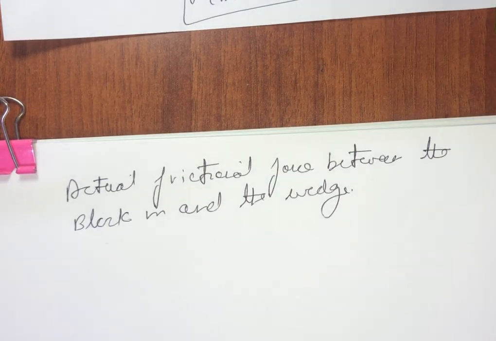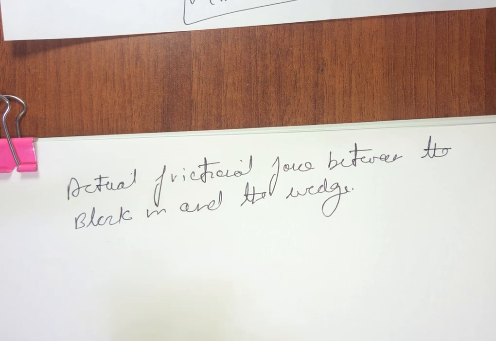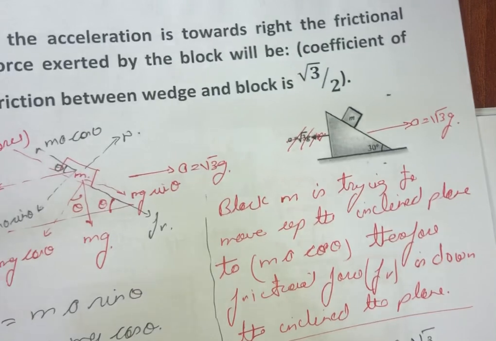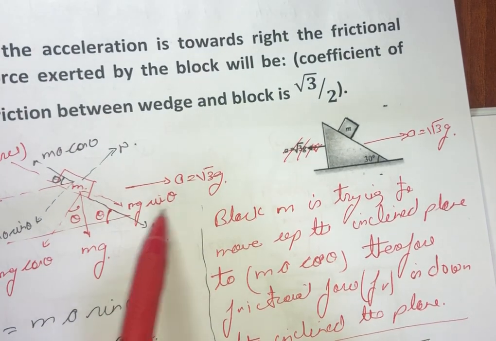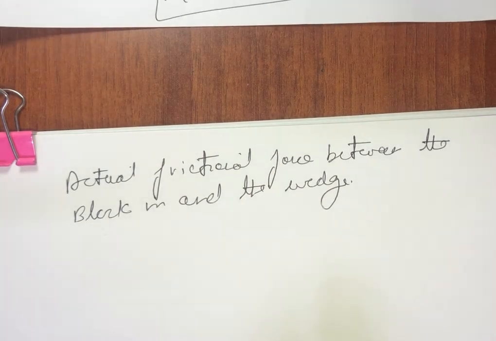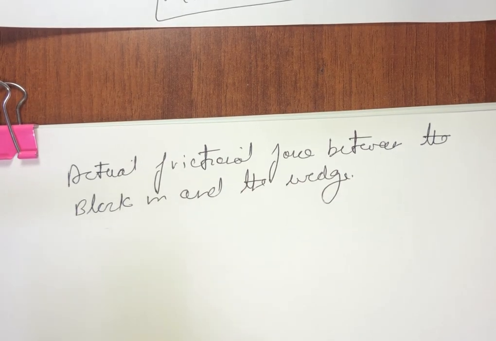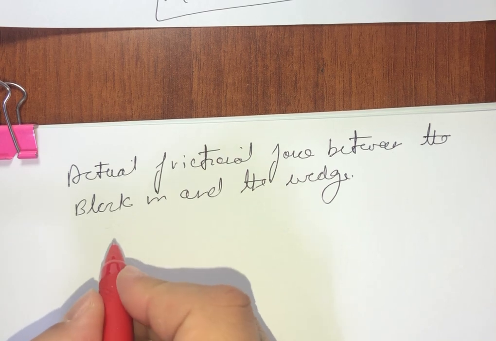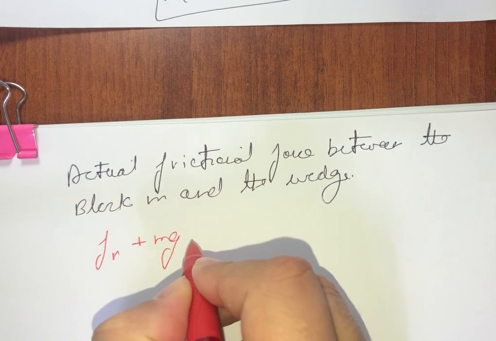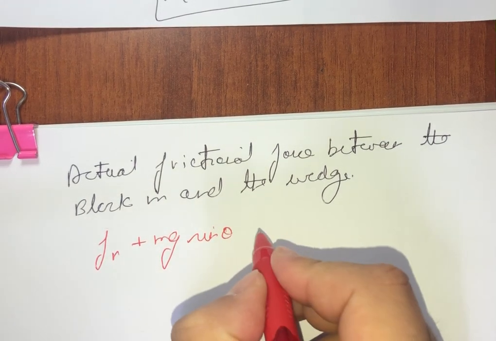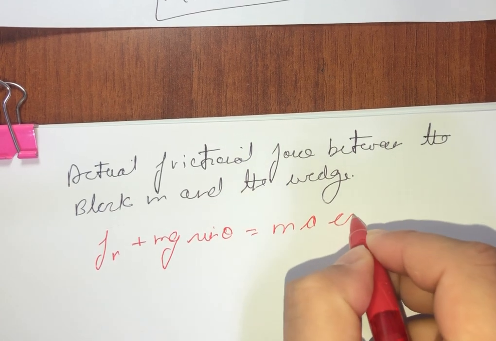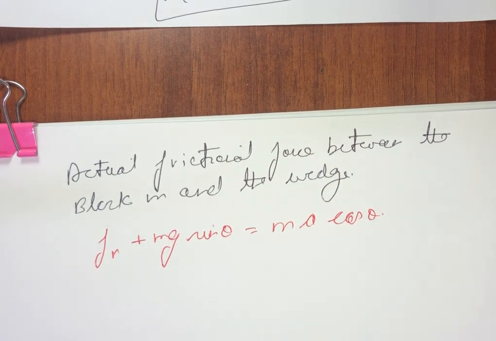So we can write the equation: Fr plus mg sin theta is equal to ma cos theta.